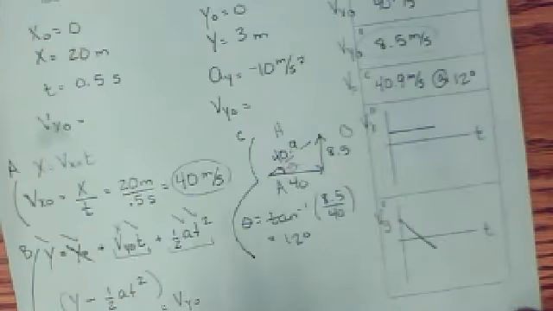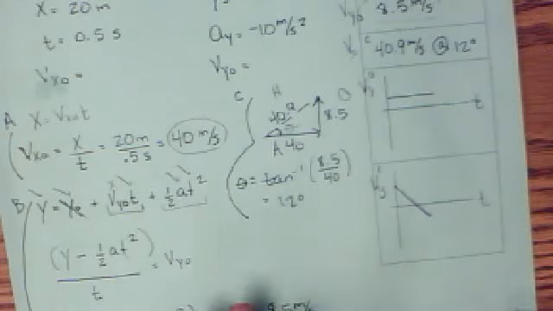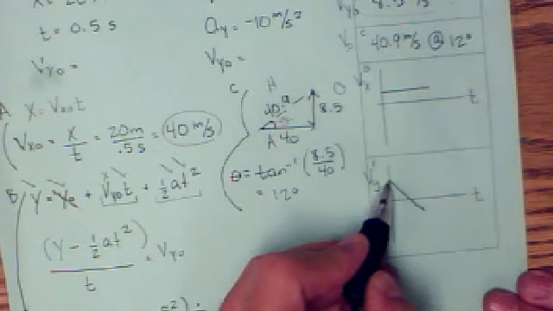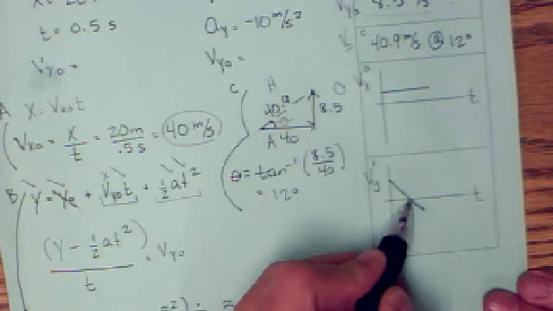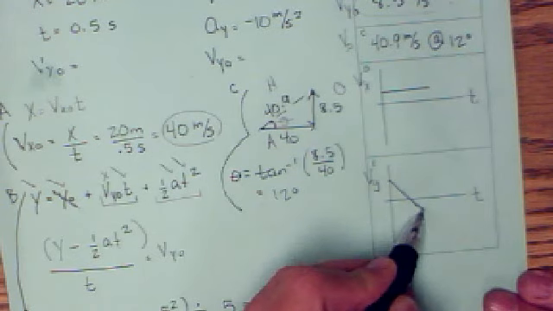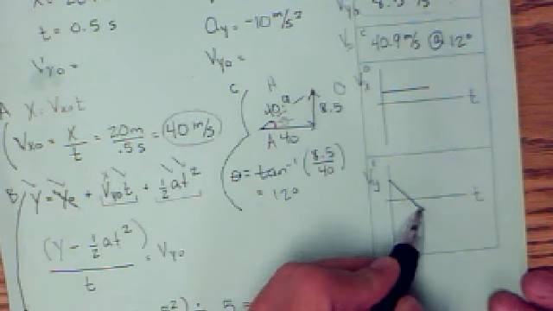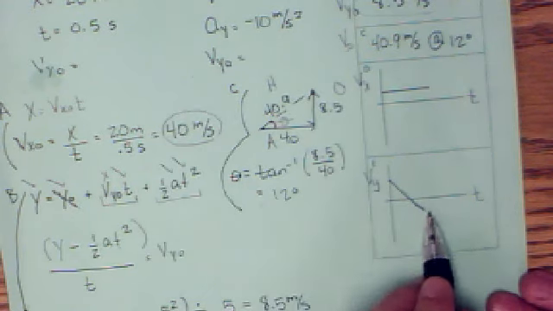So remember, any projectile, anything in free fall, it always has a constant negative acceleration of negative 10 to be exact. So I start with a positive vertical velocity, and it slows down to 0, and then it starts speeding back up in the opposite direction. This is a constant negative slope, so that would be a constant negative acceleration.